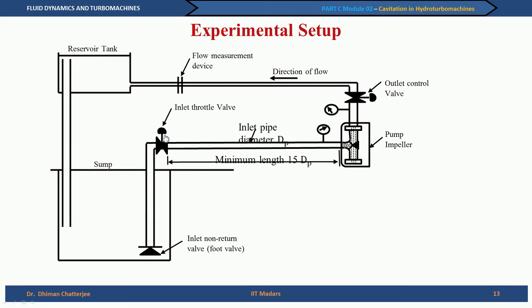So, how can you increase the Hs loss? You can throttle this valve more. As you throttle the valve, the loss coefficient will increase, and hence you get more losses on the suction side, and we can get cavitation at the onset. This method is a little bit problematic, because you may end up getting cavitation not in the pump first, but in the valve.